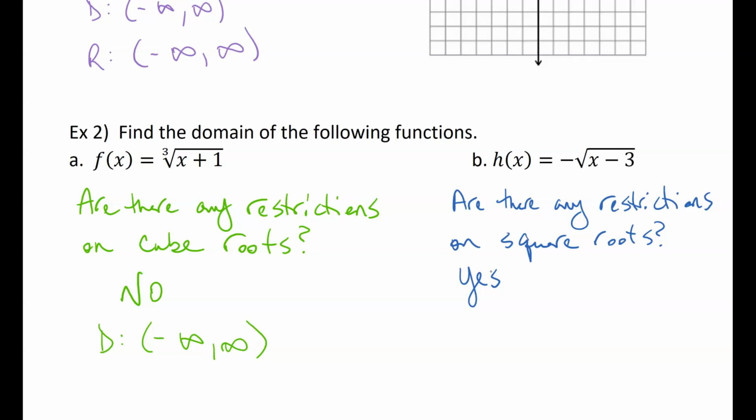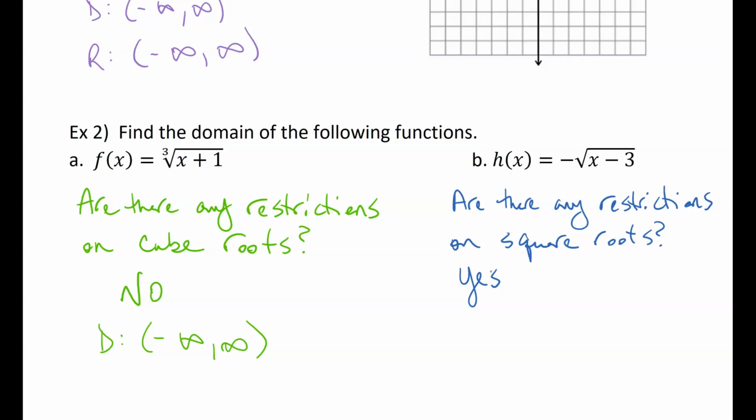The domain can't be negative? What's going on when we look at this? What value can't be negative? The radicand. What's the radicand? It's what's inside the radical. Yes, that's the restriction. The radicand cannot be negative.